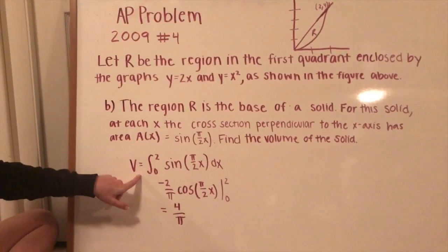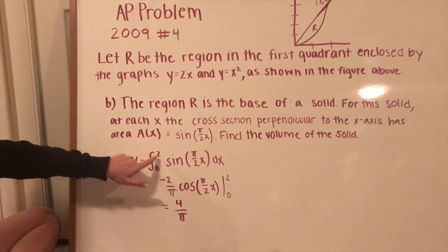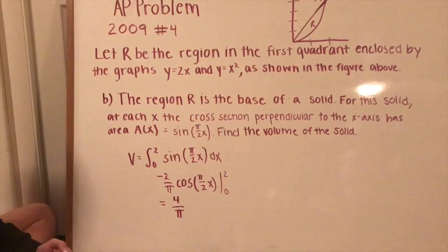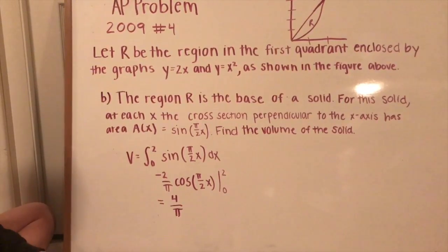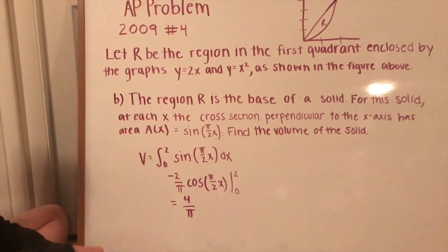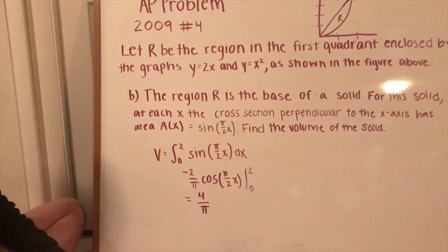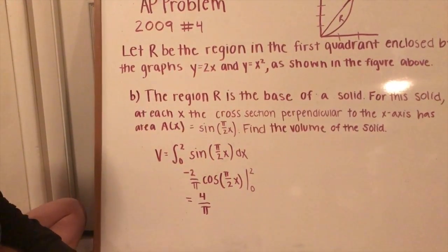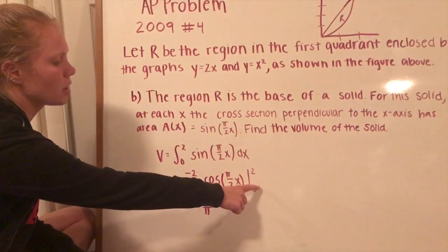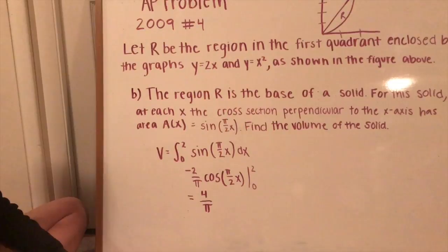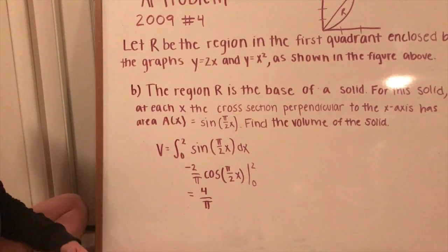So you're going to have volume equals the integral from 0 to 2 of sine of pi over 2 x dx. Once you do the antiderivative of that, you'll get negative 2 over pi cosine of pi over 2 x, and then once again you have the 2 and the 0 because you're going to plug them in and then subtract, and once you do that you should get 4 over pi as your answer.